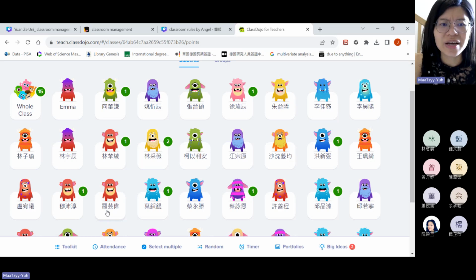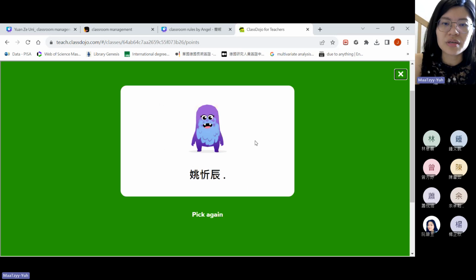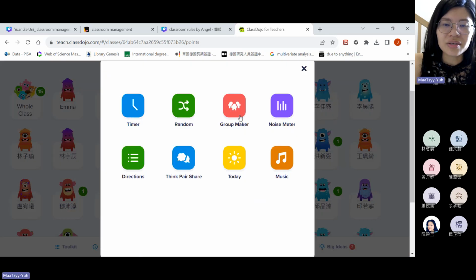I don't know if you can hear my sound here, but it will make some sounds to remind the kids that, oh, it's time. And also there are some functions here like randomly choose a kid, or there is a group marker, noise meter, directions, think, pair, share, today, music.